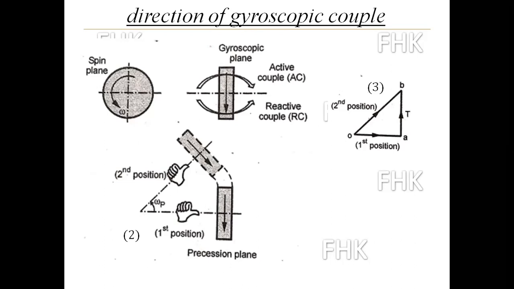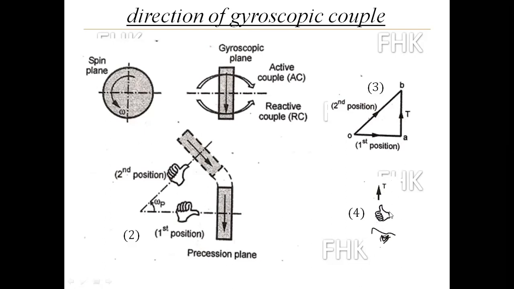See, this is the torque A to B. Now the thumb is showing the direction of the vector; in the reverse direction we are thinking. The thumb is showing the direction of the vector, and at that time the curling finger is showing the rotation of that disc.